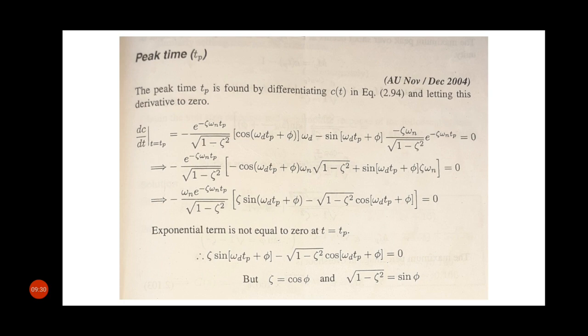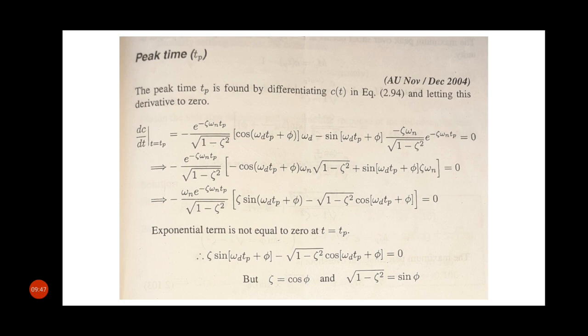Now we will derive the peak time. We know the peak time Tp is found by differentiating c(t) and letting this derivative equal to 0.